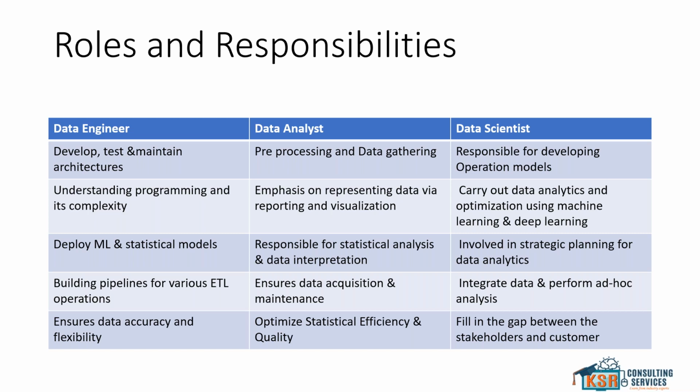For example, let's say you want to make a connection between Spark and Python. Imagine your data is in Spark. How do you make a connection between Spark and Python? That means you need to understand the programming and its complexity. So whatever data the data engineer shares, let's go one by one.